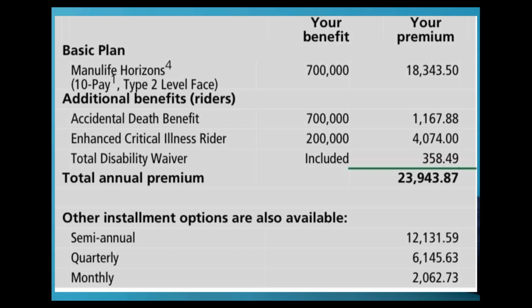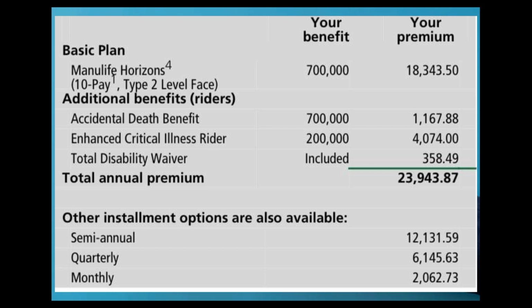In VUL, there are different riders that you can choose. You just have to add an amount for this coverage. For example, the hospital income benefit is another rider. In this illustration, the client wants the enhanced critical illness.